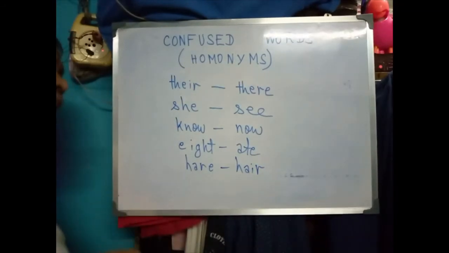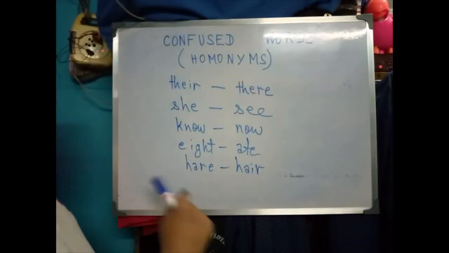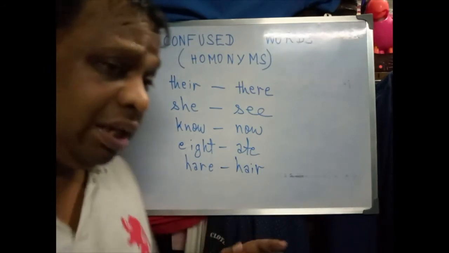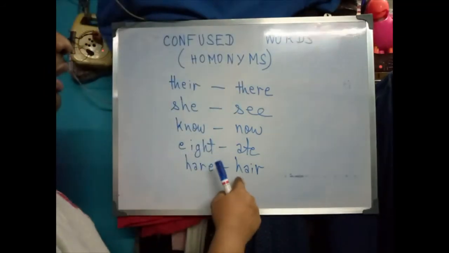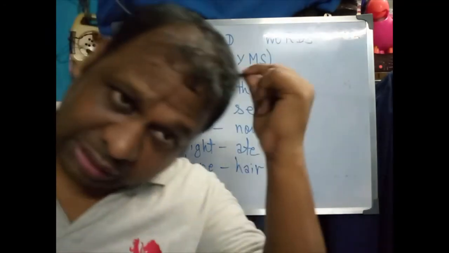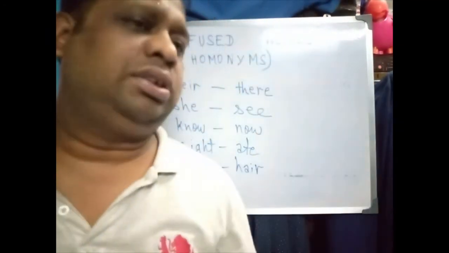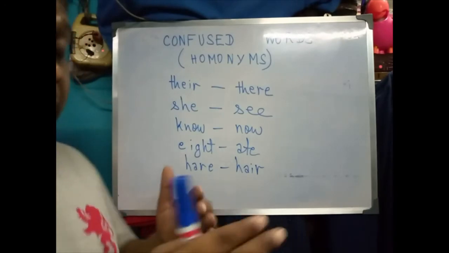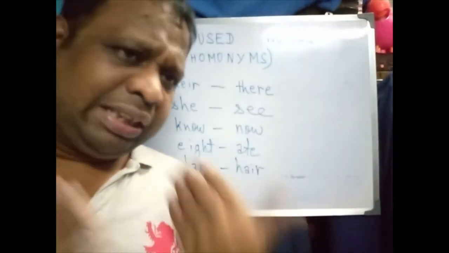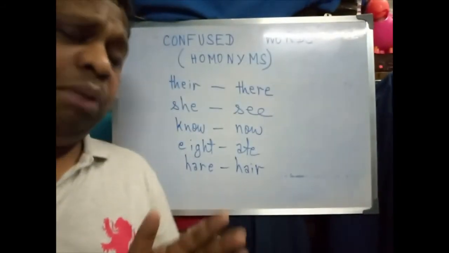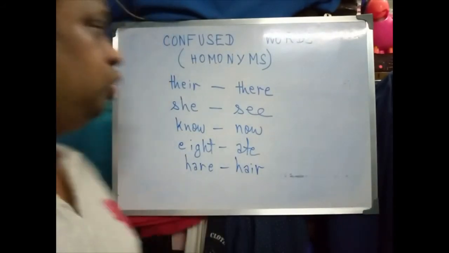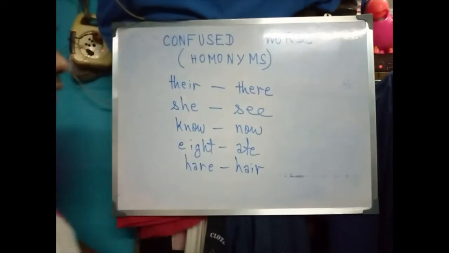These totally have the same pronunciation. In this you can see H-A-R-E, hare, is an animal which looks like a rabbit, and this H-A-I-R, hair, means the hair on the body. So again these two, phonetically they can be heard alike, but they have different meanings. So they are homonyms and confused words.